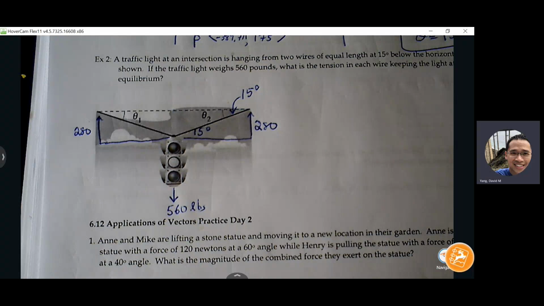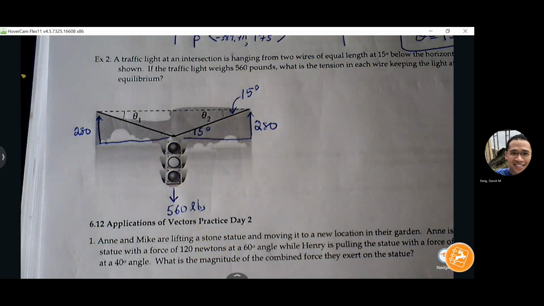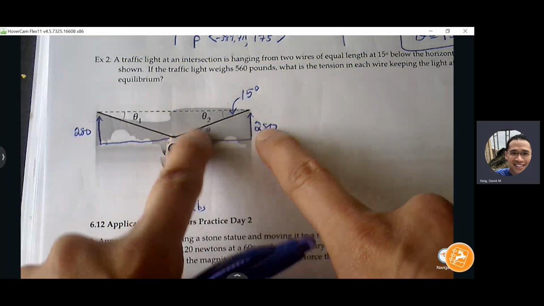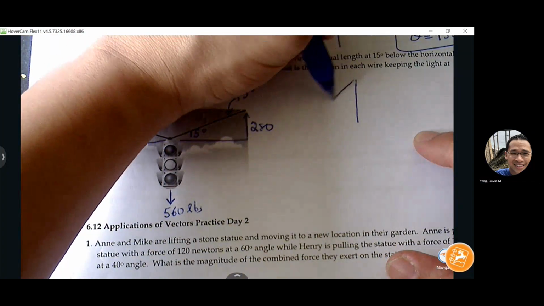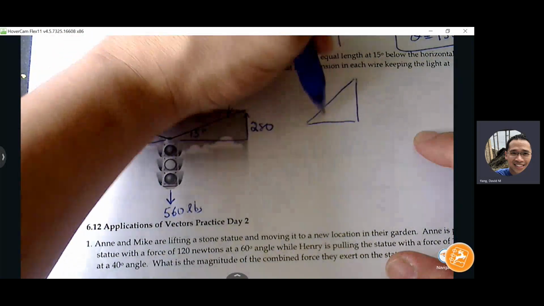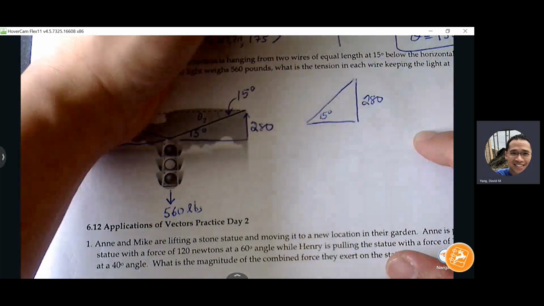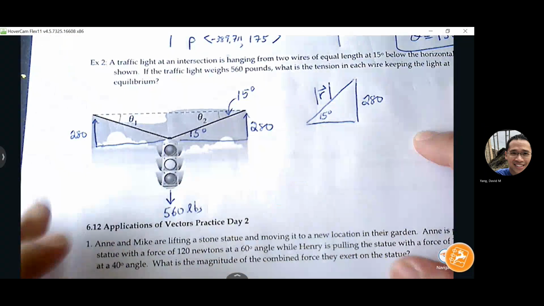So now it's asking, what is the tension in each wire keeping the light at equilibrium? All right. Let me draw this out again. We're just going to find the hypotenuse. I've got my 15 degrees, I've got the 280, and I'm just looking for the magnitude.